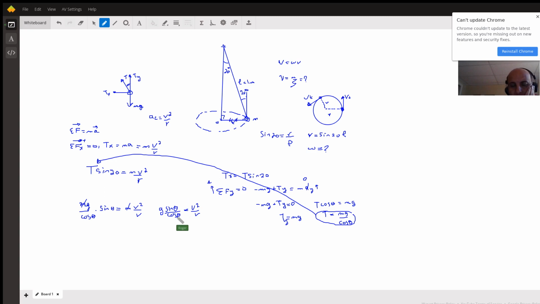What is sine theta over cosine theta? Well, it's tan theta. So we can write this down here as g tan theta equal to v squared over r. Now, all I'm going to do is solve for v squared. So v squared is going to be r g tangent theta.